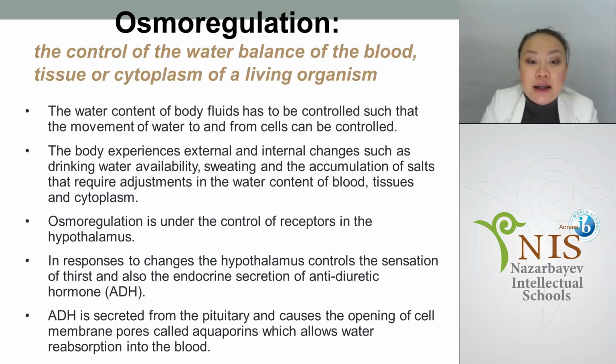Osmoregulation, the control of the water balance in the blood, tissue, and cytoplasm of a living organism, we call osmoregulation. The water content of body fluid has to be controlled such that the movement of water to and from cells can be controlled. The body experiences external and internal changes such as drinking water, availability, sweating, and the accumulation of salts that require adjustments in the water content of blood, tissues, and cytoplasm.